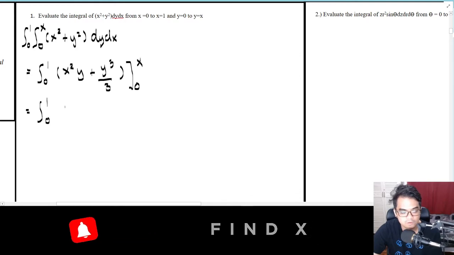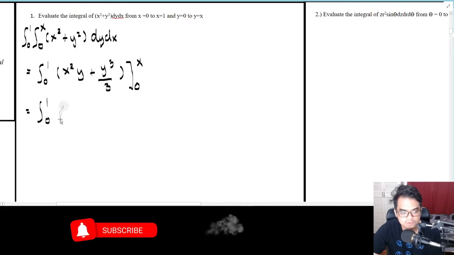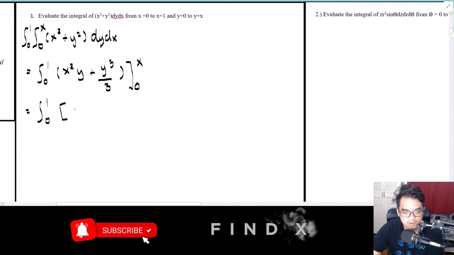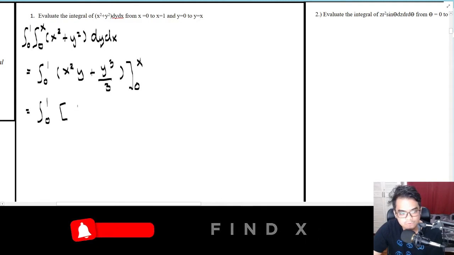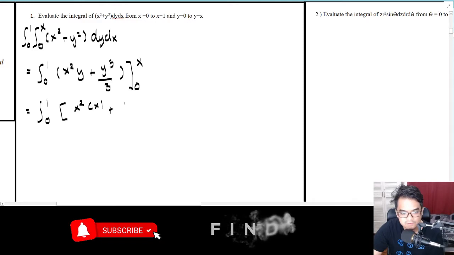And then let's substitute the values of the limits. The upper limit first: x squared times x plus x cubed over 3.